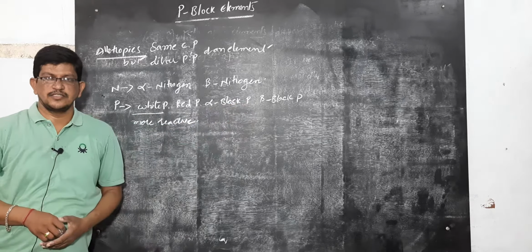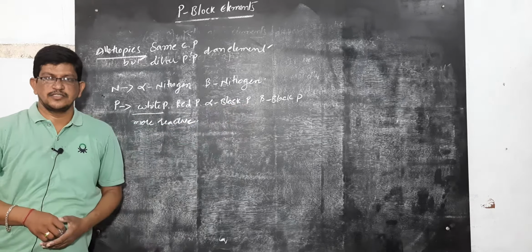By observing the two structures, everyone can easily say the answer. In white phosphorus only P4 units are present. Sir, in red phosphorus also P4 units are present. Very good. But in red phosphorus the P4 units are polymeric. That means they make a covalent bond between the P4 units.